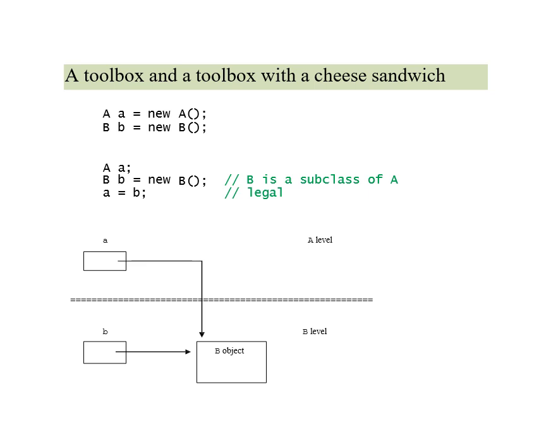A is defined to be an A pointer, and A is a superclass of B, so we think of that as a higher level. So a can point to an object that's strictly A, but it can also point down to a B object. So pointers can point across and point down, but they cannot point up.